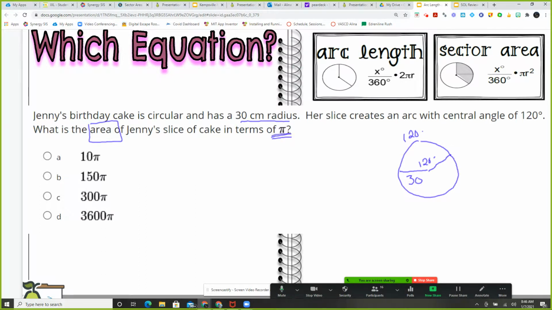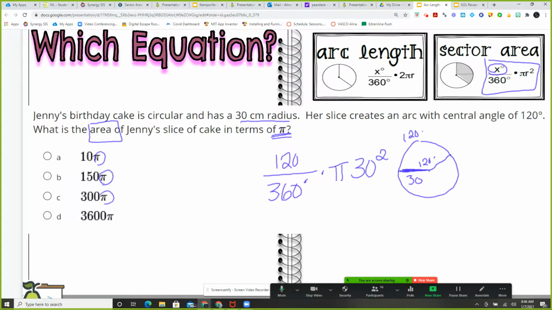So this time we're going to not multiply by pi. I want to do area. Do I know what the x is? What goes on top of my fraction? 120. And area is pi, and then the radius, what was the radius again? Because I have pi in my answers over here, don't multiply it here.